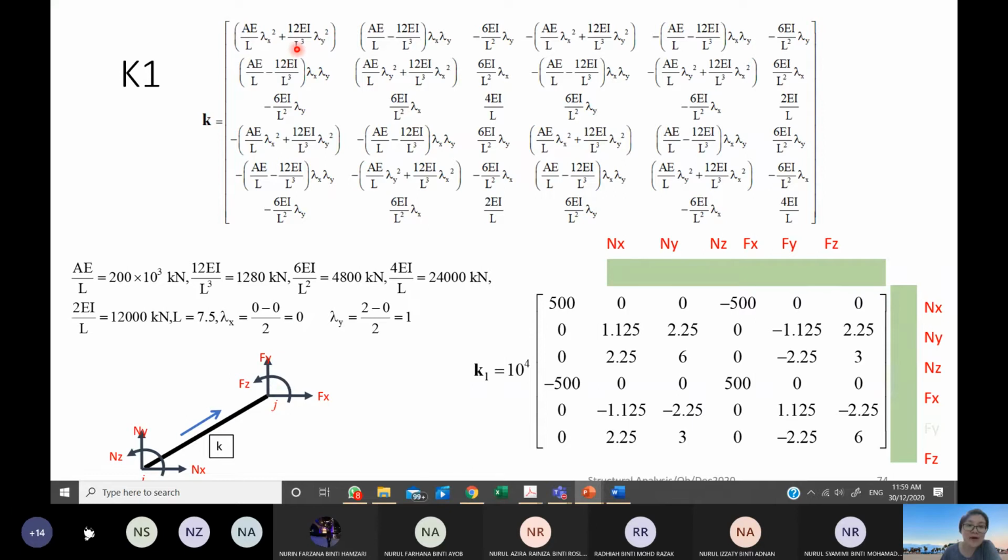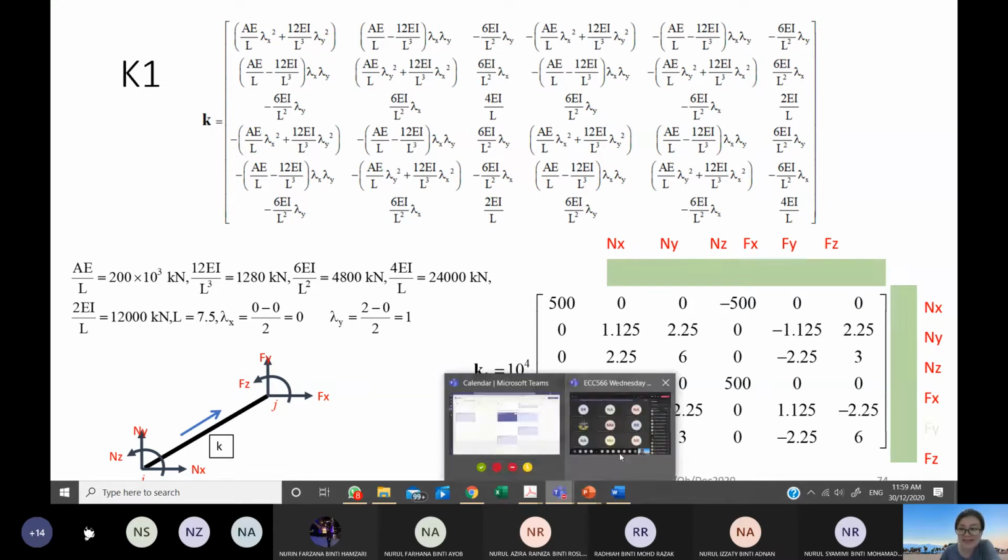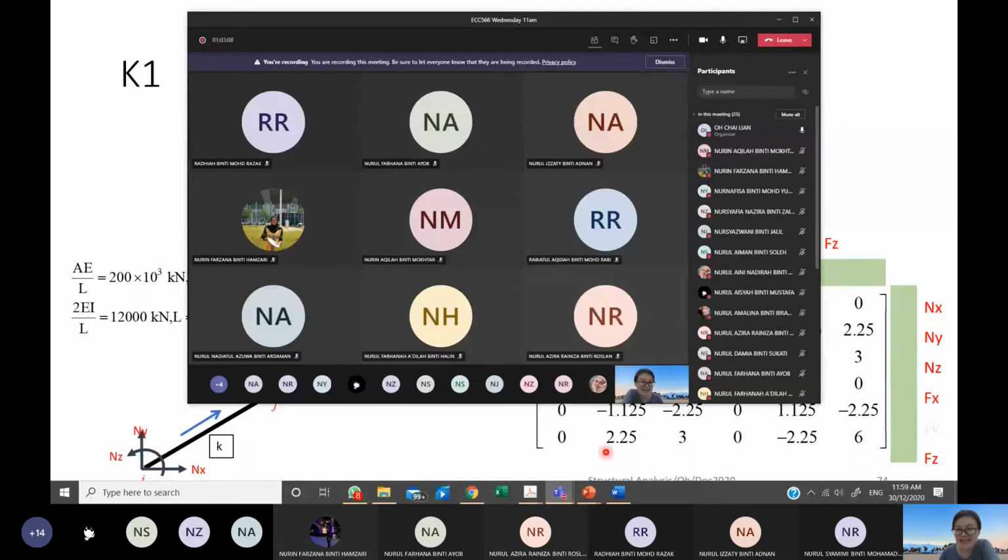And then plus 12EI over L cubed, which you get from 1280, multiply lambda Y squared, which is 0.6 squared. Then you will get the value for this K11. And then you continue with all these values. Azira, now, are you better?